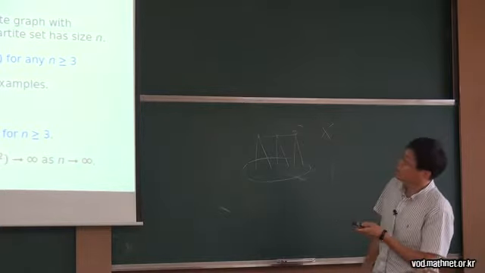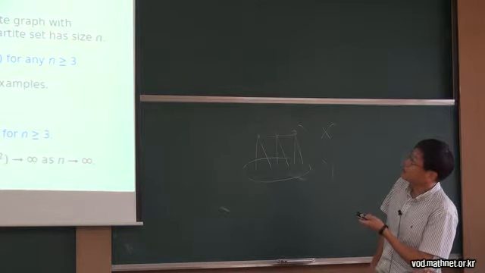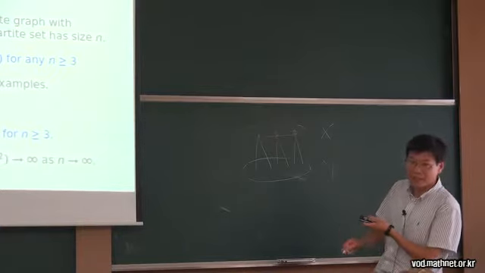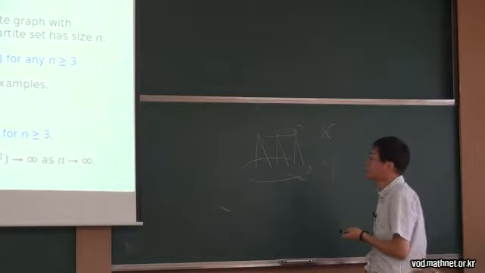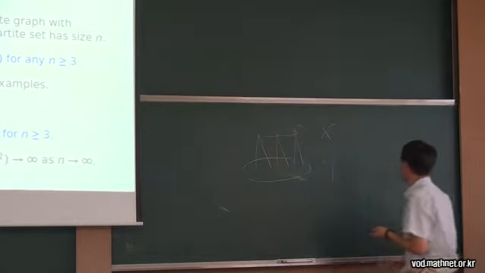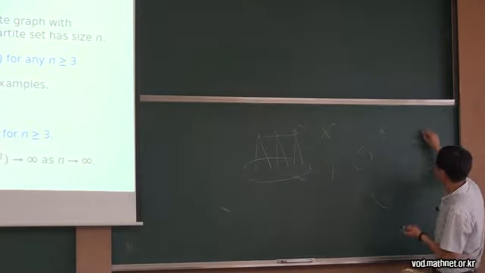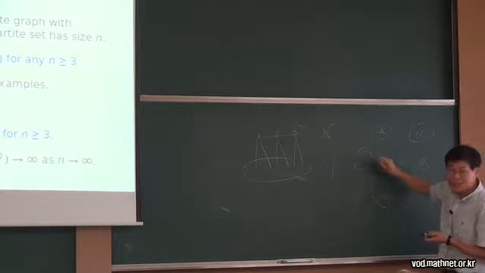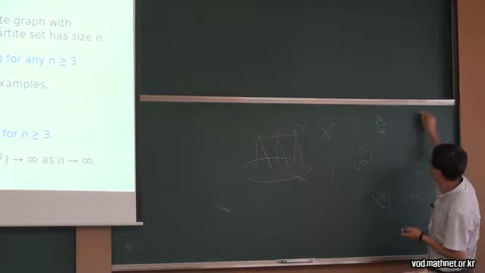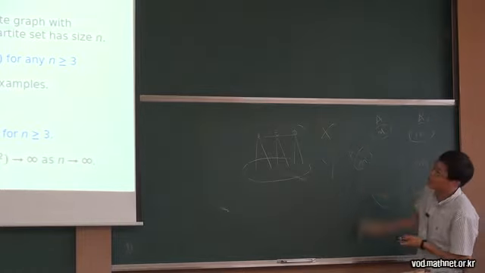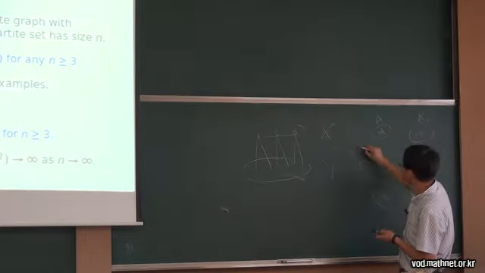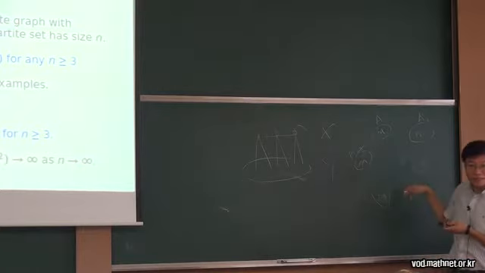What we did was: for every prime n, there's a graph G such that G squared is exactly a complete multipartite graph. There are 2n minus 1 sets, and each set has n vertices.